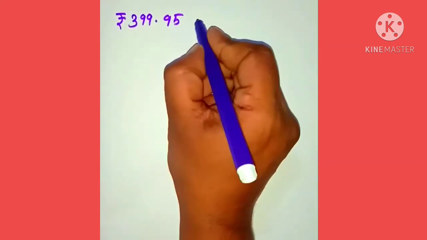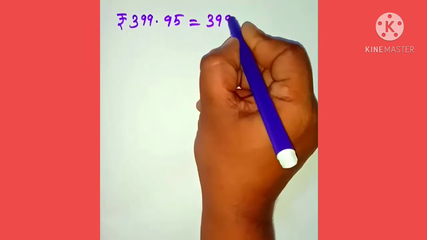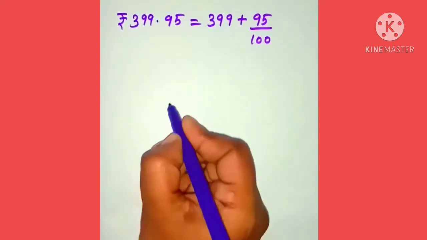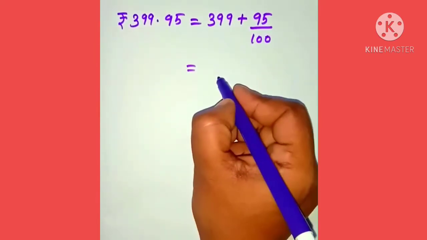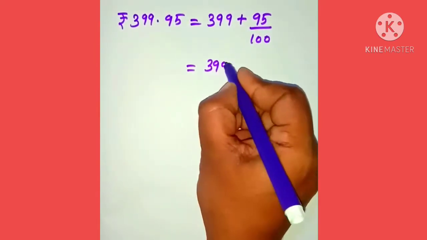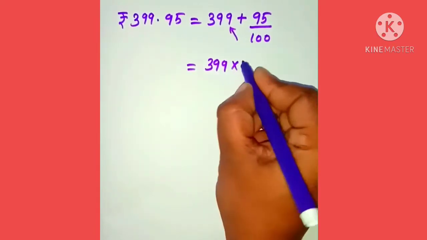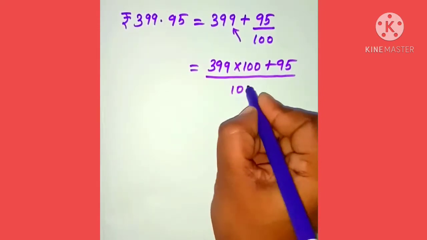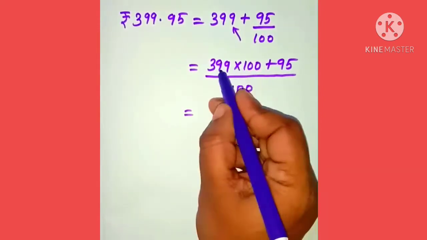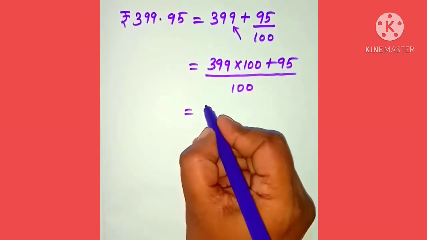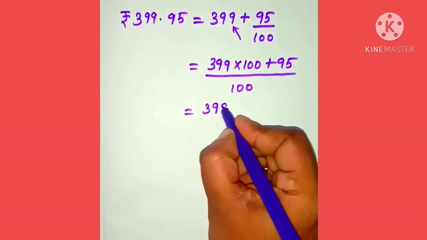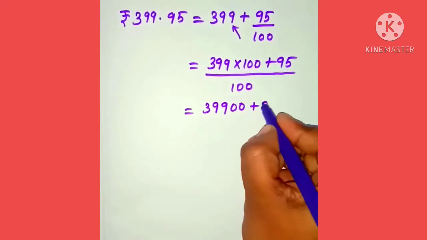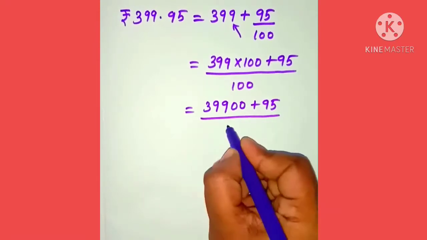So, this can be written as 399 and 95 hundredths. Now taking LCM, we get 399 into 100 plus 95 by 100. Multiplying, we get 39,900 plus 95 by 100.